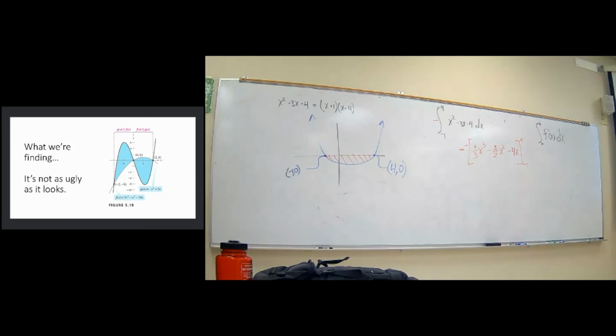But for part of it, one function is above the other function. And for the other part, that flips. So we're going to have to break up our integral from their first intersection to their second intersection, from their second intersection to their third intersection. Does that make sense what I mean?